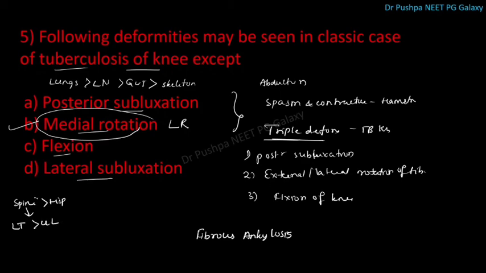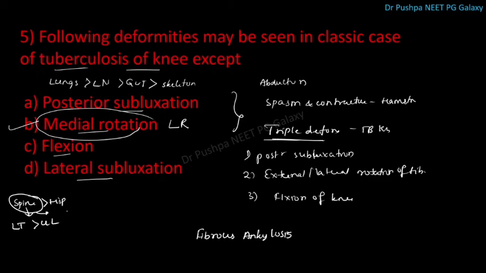So what is tuberculosis of spine? The first symptom will be backache, and there are signs like paraspinal muscle spasm. The range of movement of the spine will be reduced, there will be military attitude, and formation of cold abscess which travels along the neurovascular bundles.